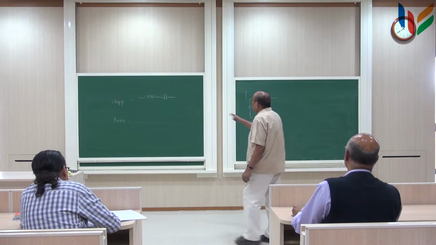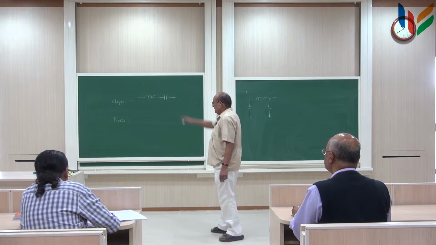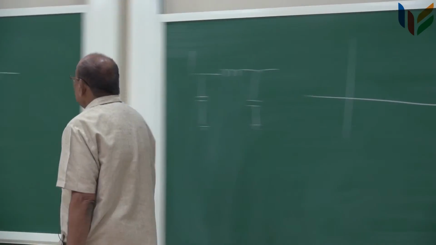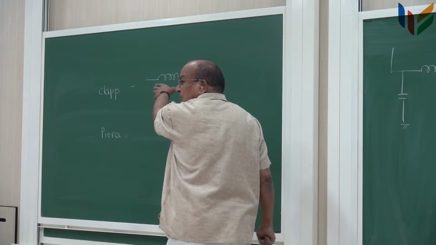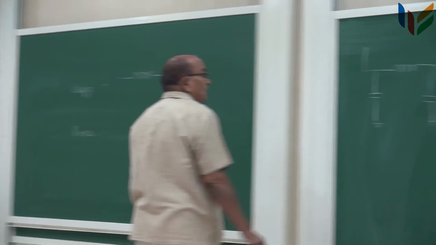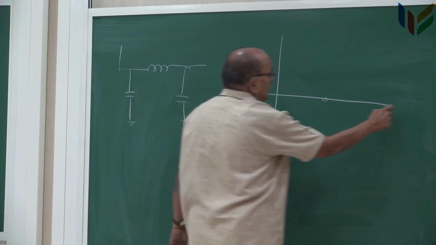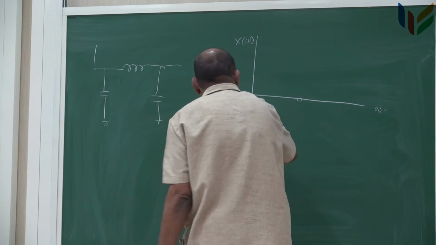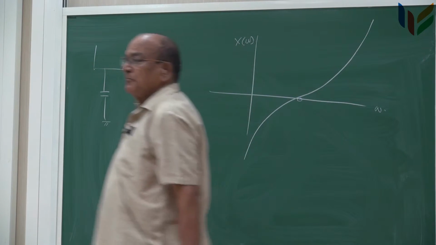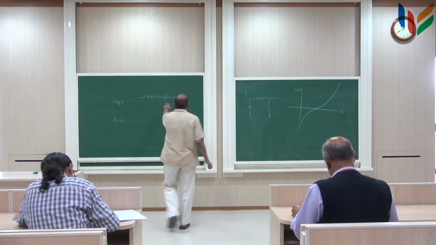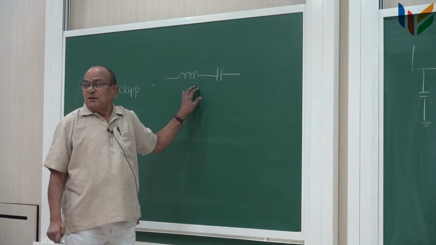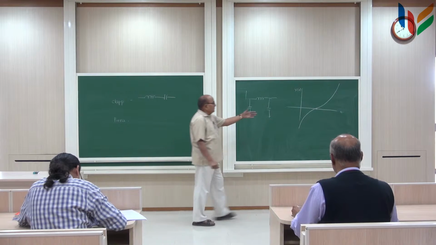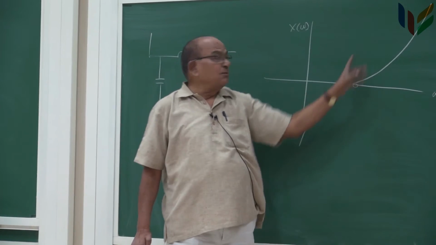The reason is the following. If you really see the reactance of this, there is a zero, which is the resonant frequency of the series circuit, and if this is omega and this is X(omega), then the X will be like this, because at very low frequencies this is effectively a capacitance and at very high frequencies it is effectively an inductor, and in between it changes from capacitive reactance to inductive reactance while it goes through 0.